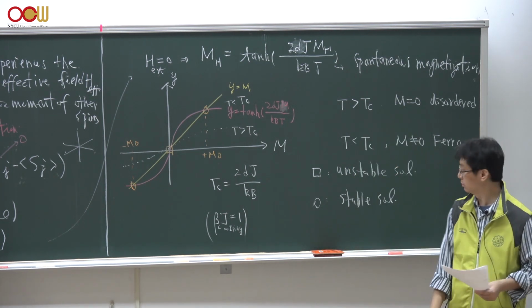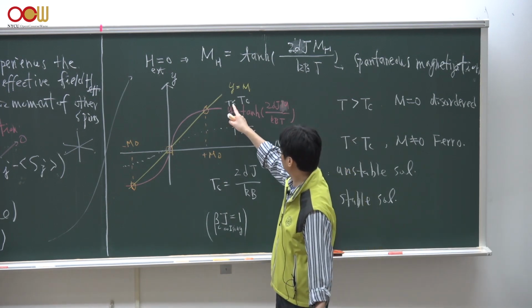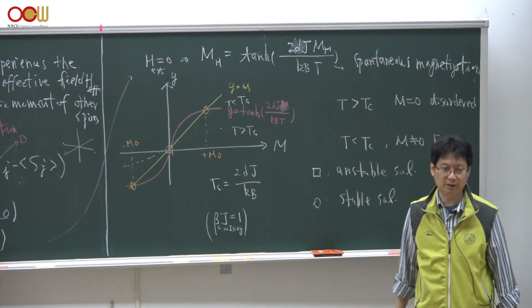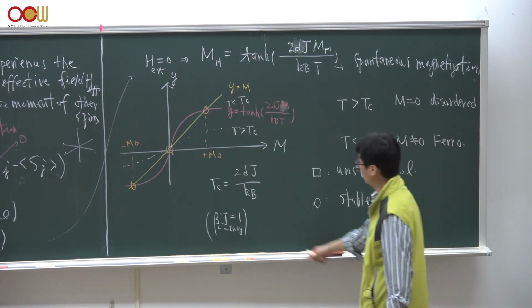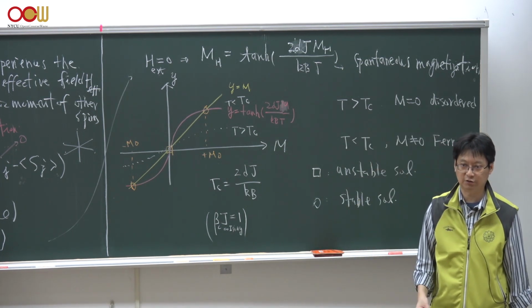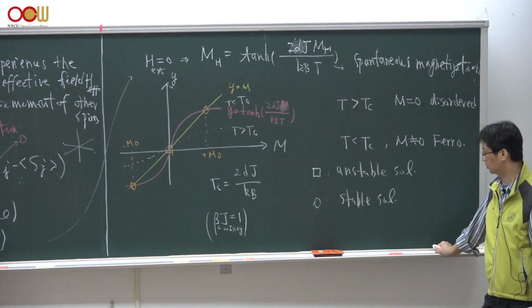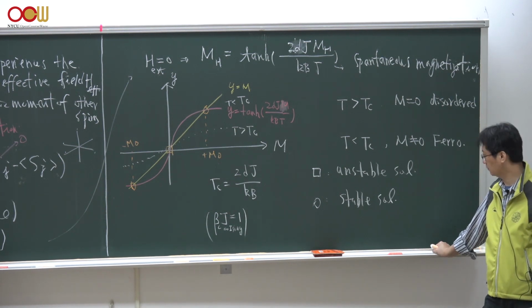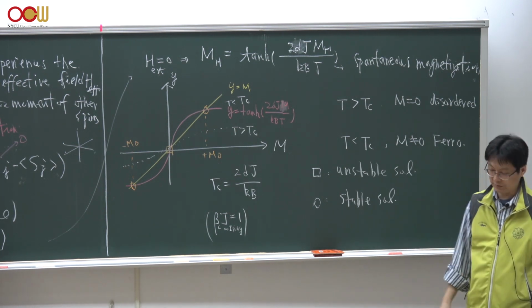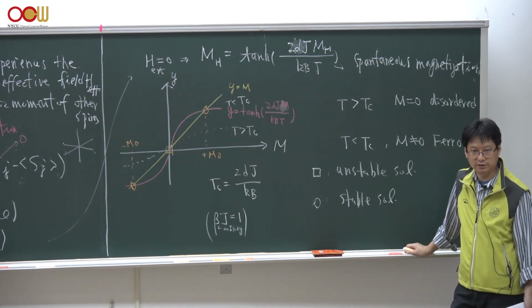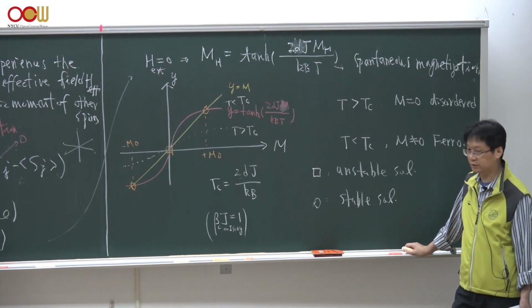The unstable solution implies that as long as T is slightly less than Tc, you get solutions away from zero magnetization, and that finite magnetization solution gives you a lower free energy than the zero magnetization solution. That's the meaning of the unstable solution, because that point is not stable against a finite magnetization, which will lower the free energy. On the other hand, these two finite magnetization solutions are stable because they are lower energy states than the zero magnetization when temperature is less than Tc.